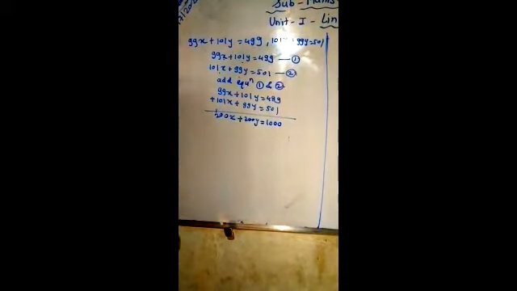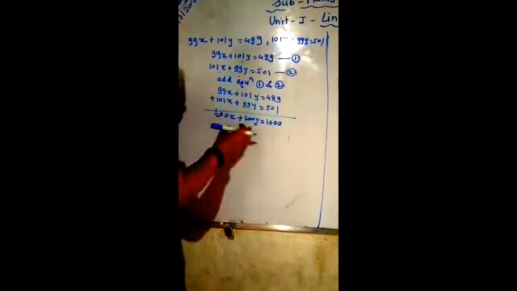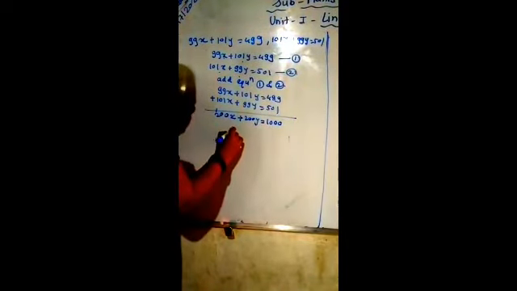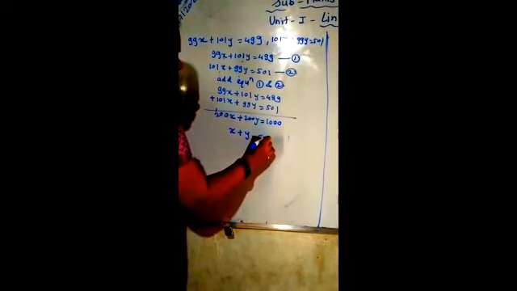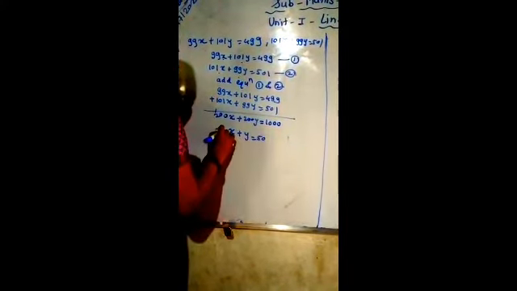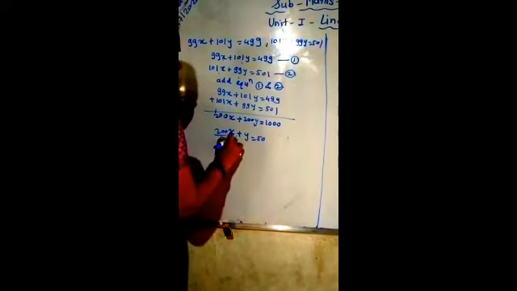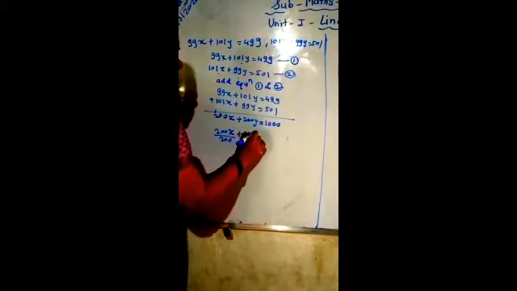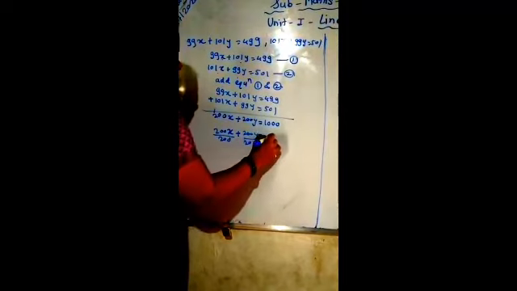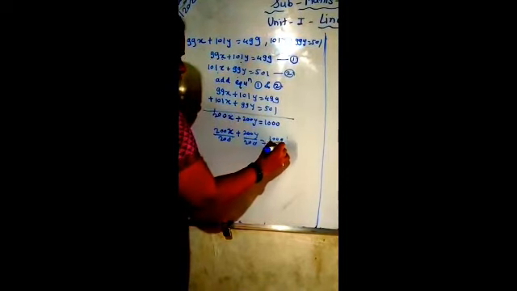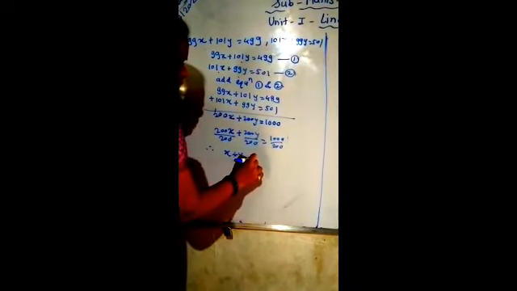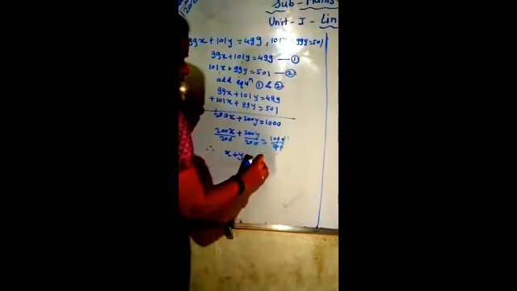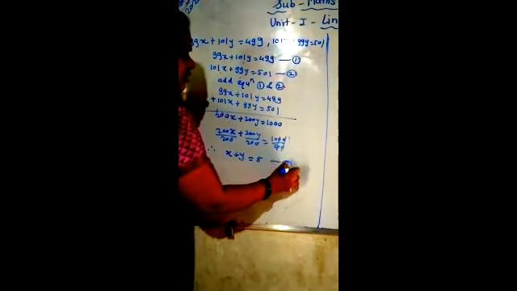For the simplification, here we divide by 200. Then we get x plus y is equal to 1000 upon 200. To simplify, x plus y is equal to 5, since 2 fives are 10. We get equation number 3.